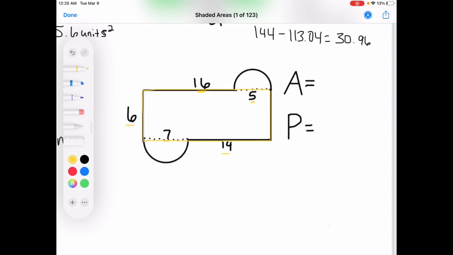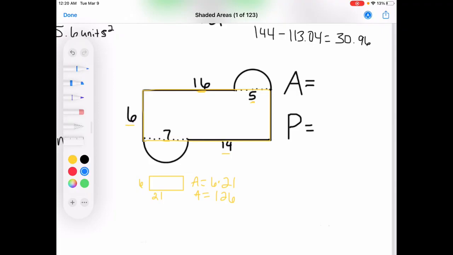And then I have 16 plus 5, which is also 21. So that tells me that my rectangle is 6 units by 21 units. So I need to find the area of that first. So that would be 6 times 21, which would be 126 square units.